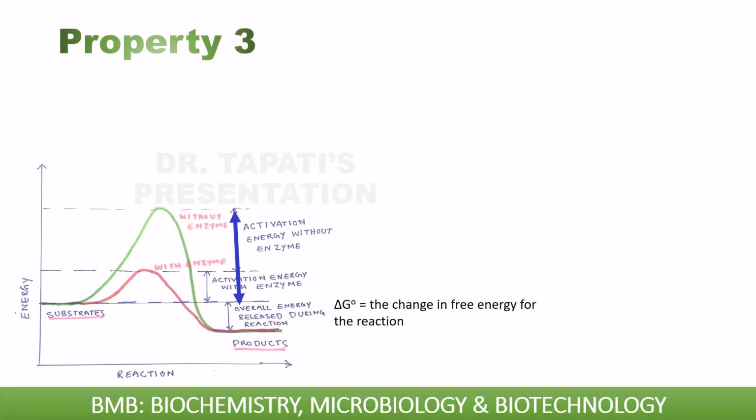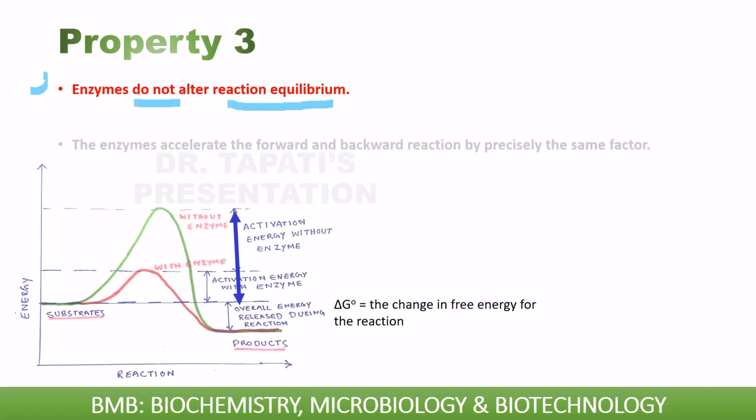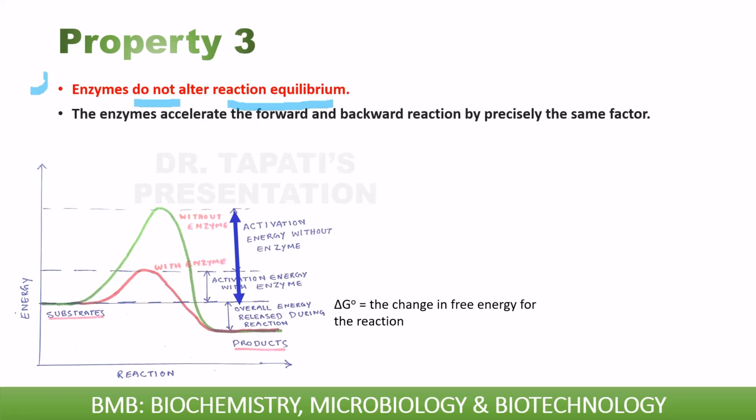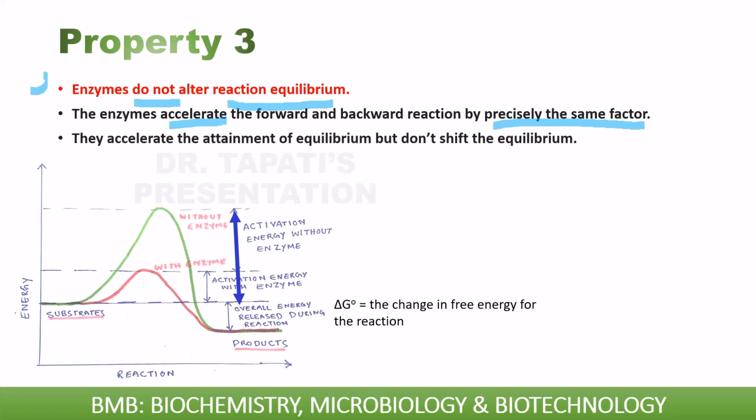Although enzymes accelerate biochemical reactions, they do not alter reaction equilibrium. They accelerate the forward and backward reaction by precisely the same factor. They accelerate the attainment of equilibrium but don't shift the equilibrium.